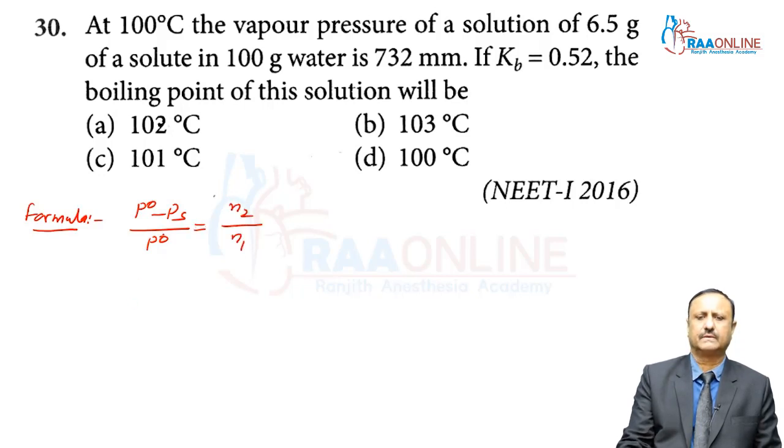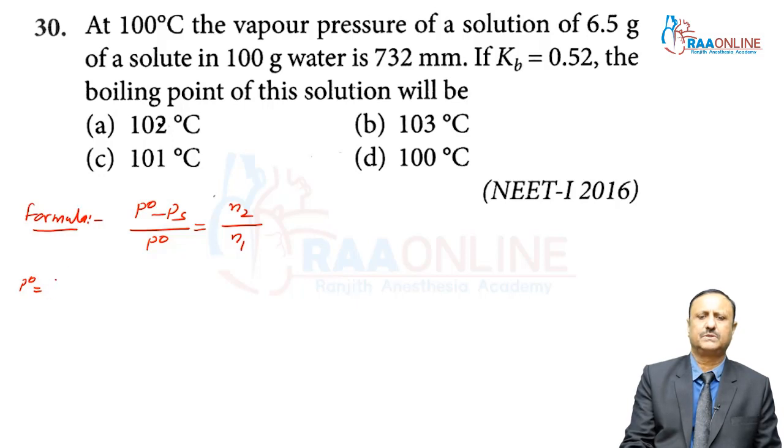Here P0 is equal to the vapor pressure of pure solvent. Here you can see in the numerical, the vapor pressure of solution is 732 millimeter.